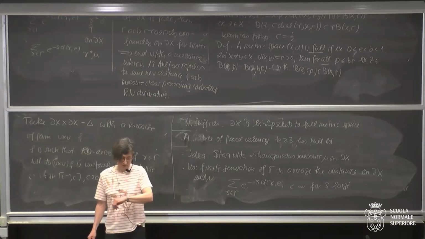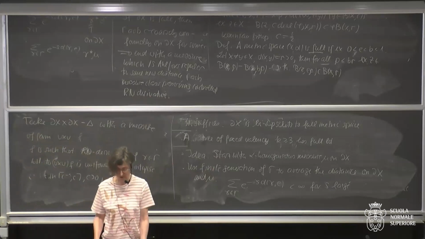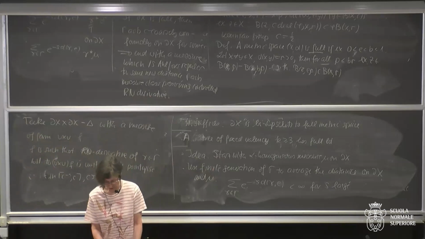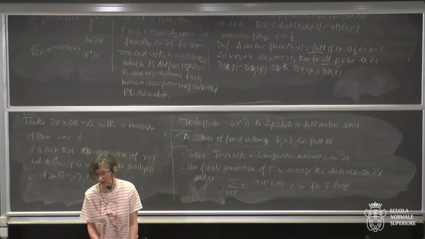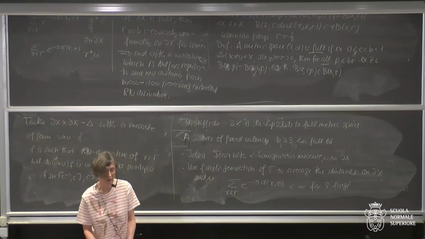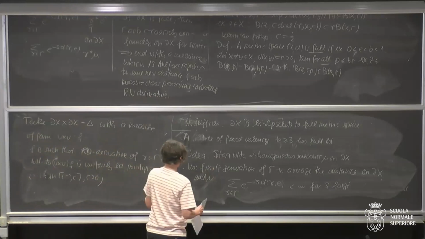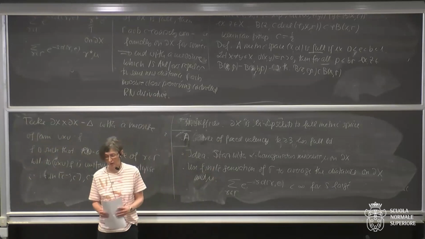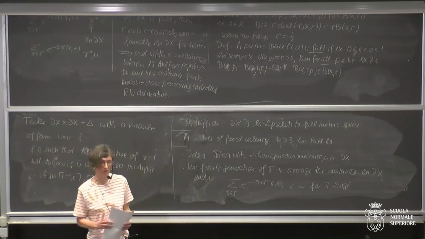I have one more minute to say to what groups it applies. It applies to many known examples, but also to things like the mapping class group of a closed surface. So that is one contender.